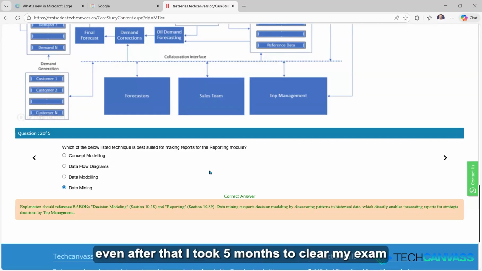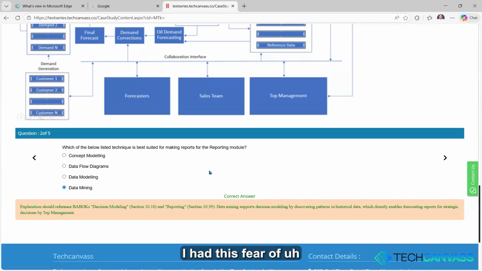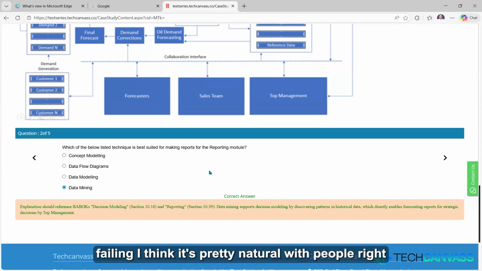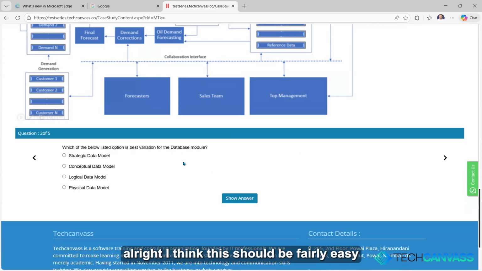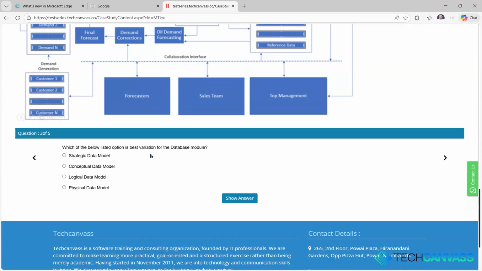Even after that, I took 5 months to clear my exam. I had this fear of failing. I think it's pretty natural with people, right? All right, I think this should be fairly easy.